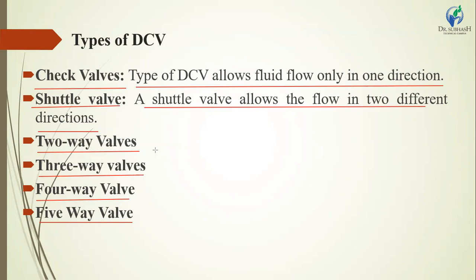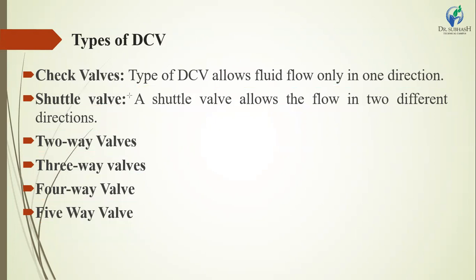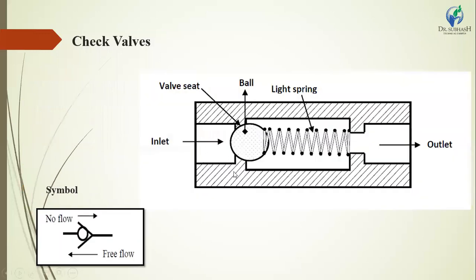A single pilot is attached to a single side of the DCV, and a double pilot is attached to both sides of the DCV. Similarly, the third is solenoid operated: single solenoid operated and double solenoid operated valves. Those are all the methods of actuation. But the main classification of direction control valves is by port and position: two-way, three-way, four-way, and five-way valves. The first direction control valve is the check valve.